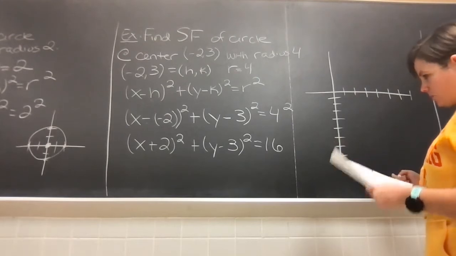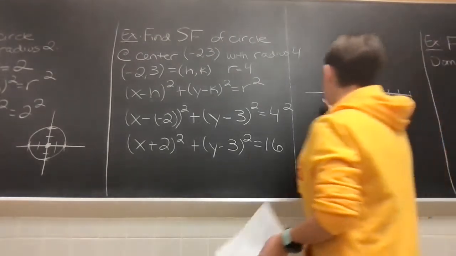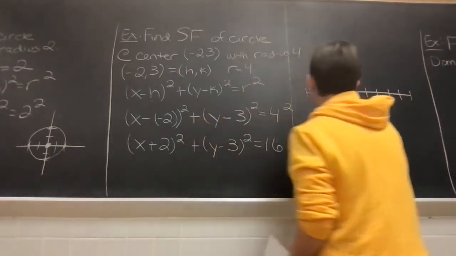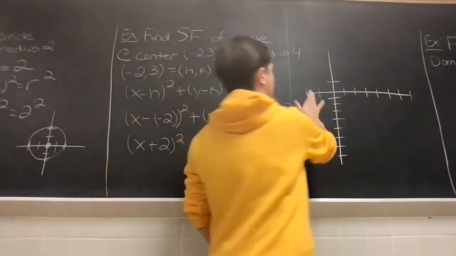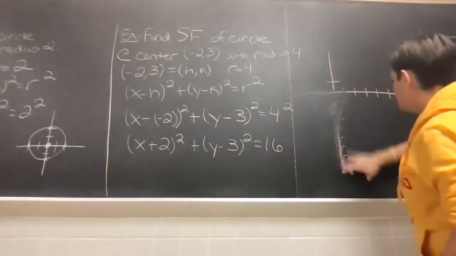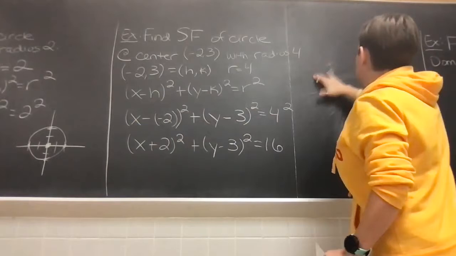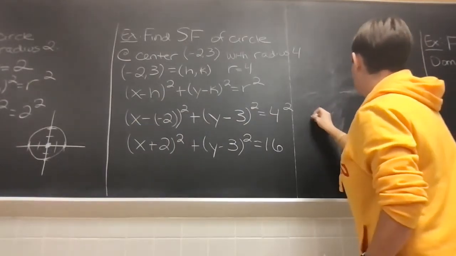Oh, I didn't graph this one. I was like, why does this look weird? Because I didn't graph it. Well, I don't have any erasers over here. That's okay. I can graph it, but I need a better graph.